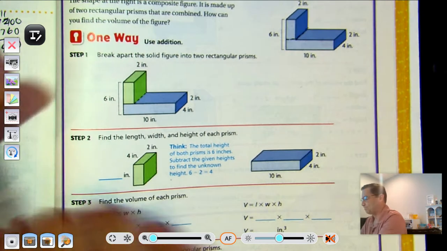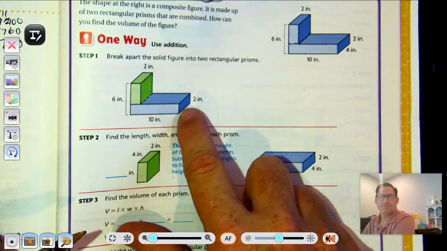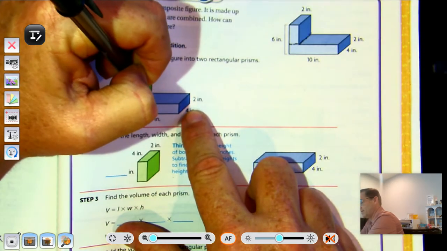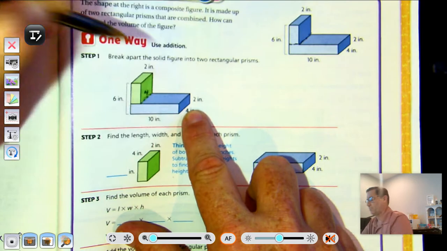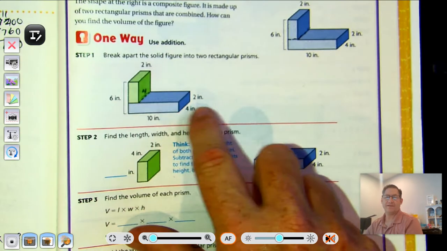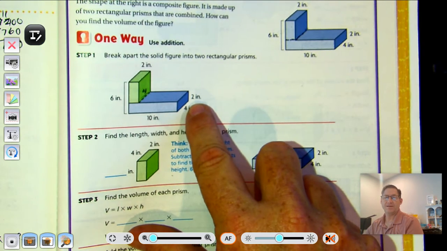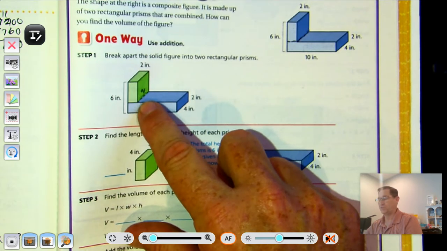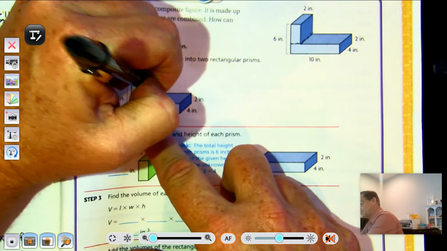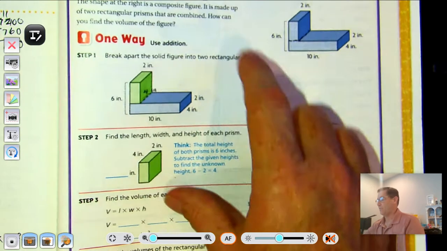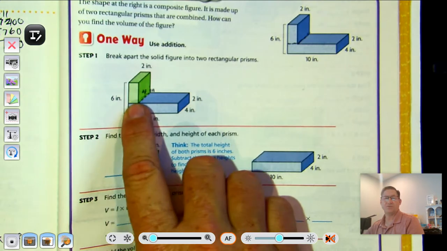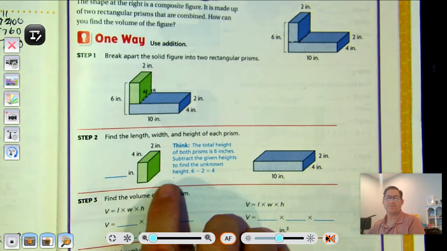So if we look here at the width of 4, this also has to be 4, right? It's the same width as the rectangular prism. It doesn't go over, it's not shorter, so we know that that's 4 inches as well. All right, and we know the length of this rectangular prism is 2. They gave that to us.